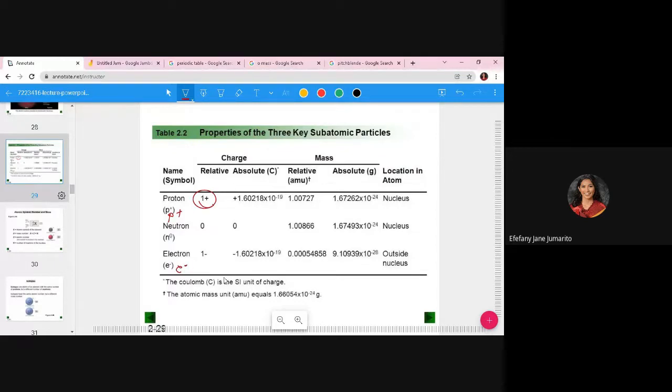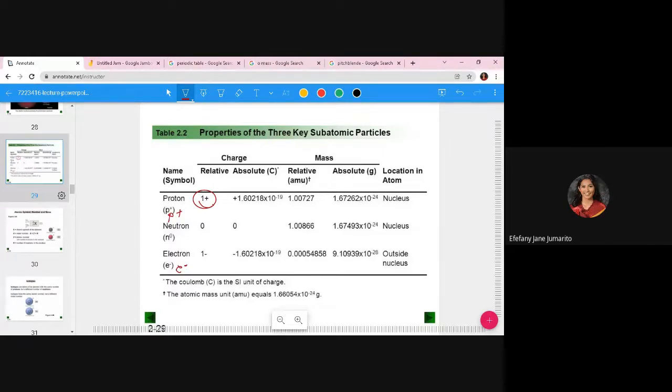Now, what about the masses? Which one is the heaviest of the three? The electron, ma'am?